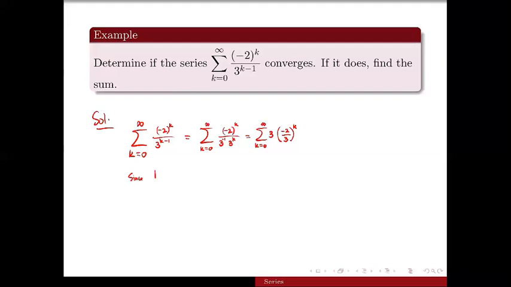The absolute value of negative 2 over 3 is just 2/3, and this is less than 1, correct? That's your r, negative 2 over 3.